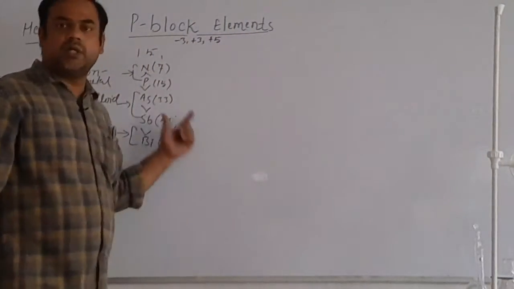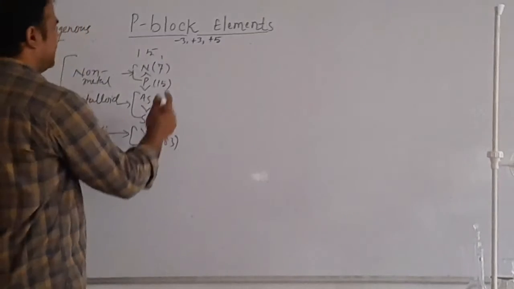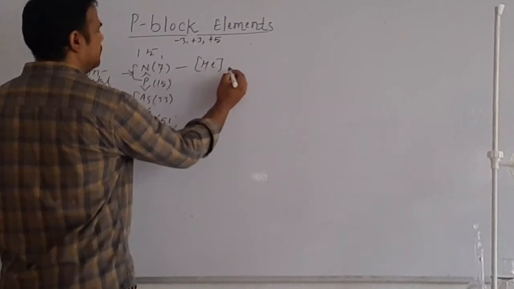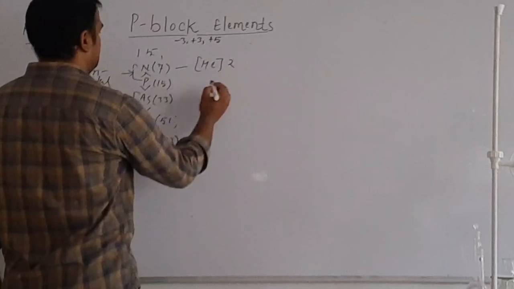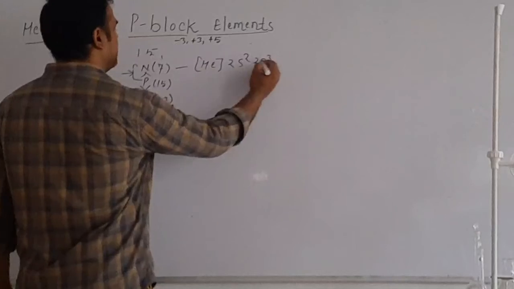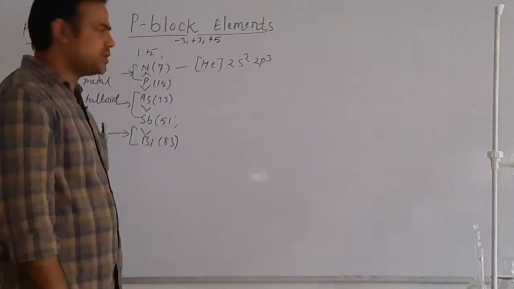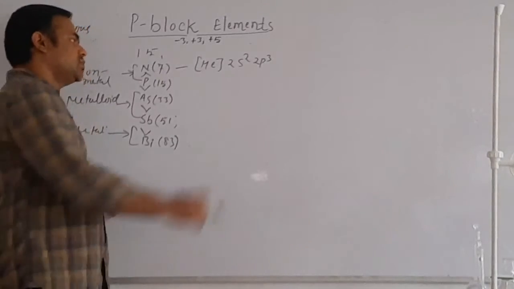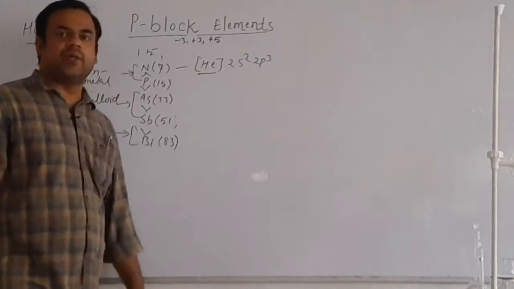If we see the electronic configuration of these elements, nitrogen has helium, 2s2, 2p3. The inert core is helium; this core will not participate in any kind of chemical reaction.